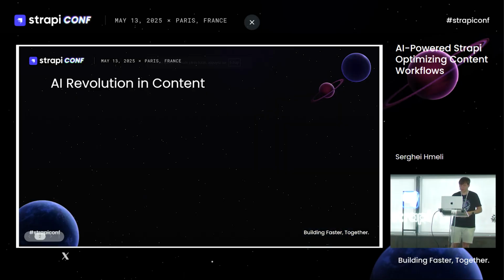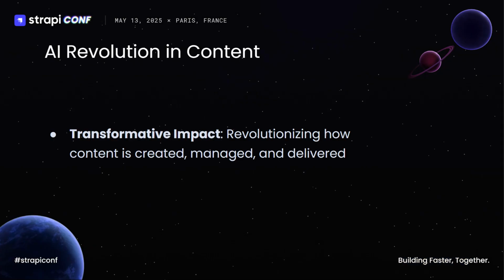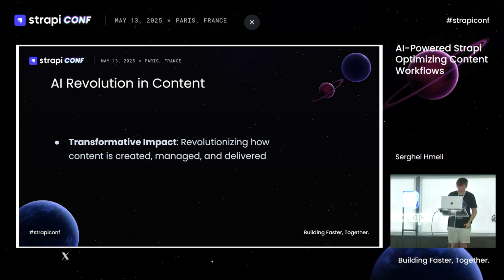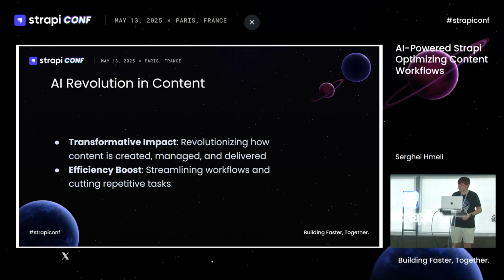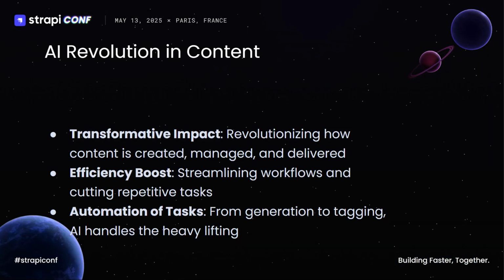As you may know, AI really revolutionized the way we consume and create content. It boosted our efficiency, and it led us to automating tedious stuff and focusing on the really creative part.